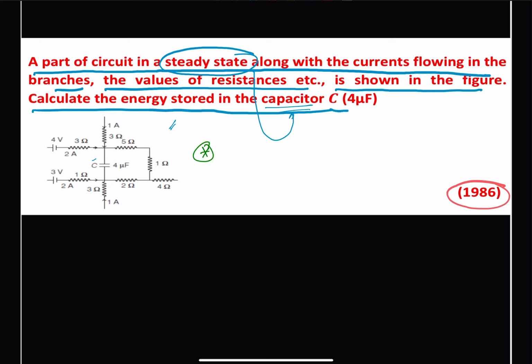So we can say that at steady state, first, the capacitor is fully charged. Secondly, there is no current through the capacitor.